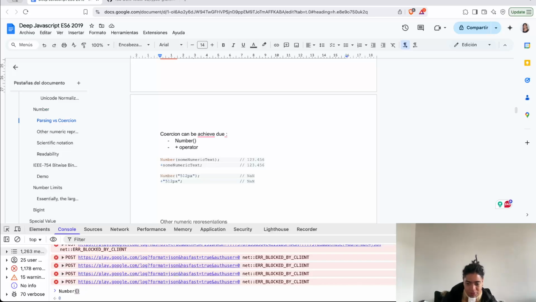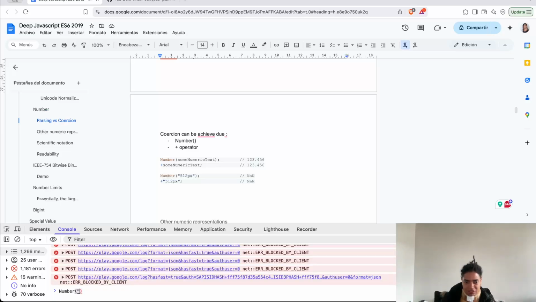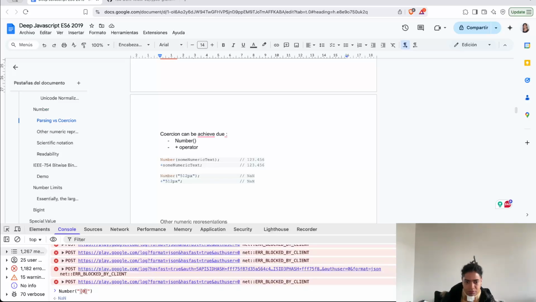What if I pass you a collection of values? This is not a number. That's right. So if I pass you a string which holds a number, would you do that? Not at all.